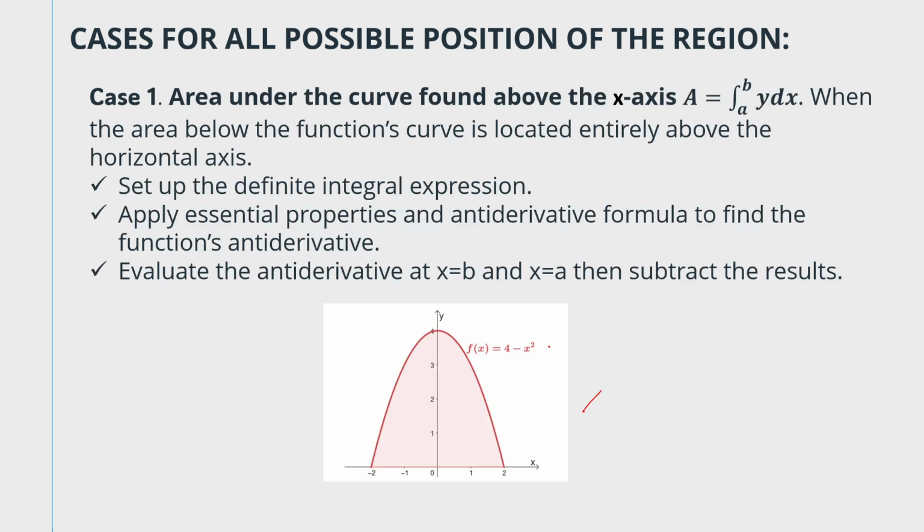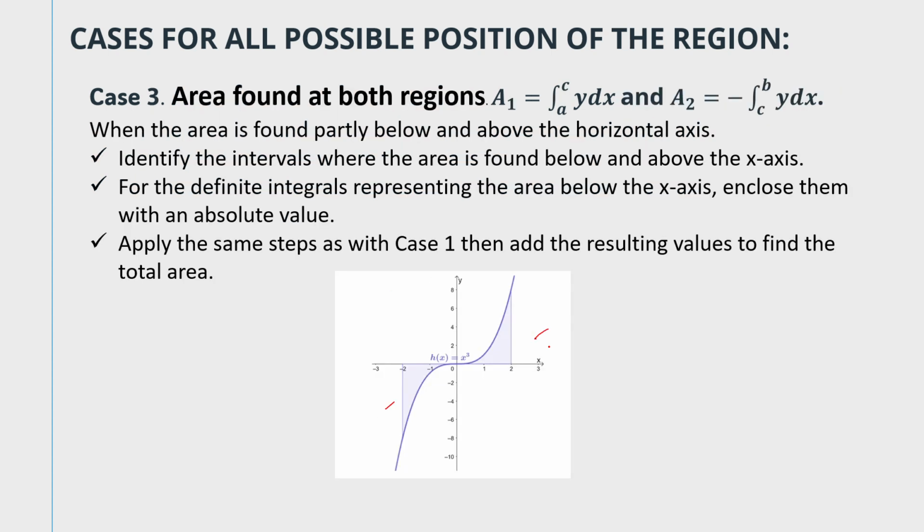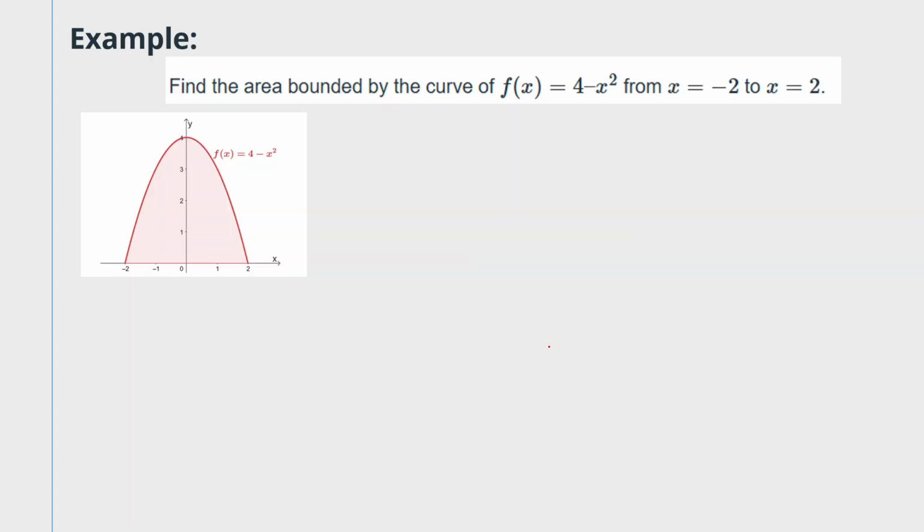First, set up the definite integral expression, apply the essential properties and antiderivative formula to find the function's antiderivative, and evaluate the antiderivative at x is equal to b and x is equal to a, then subtract the results. So let's have number 1.